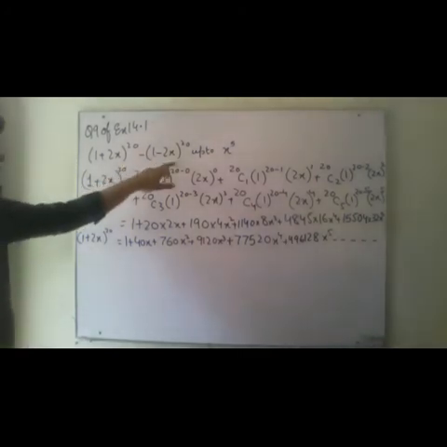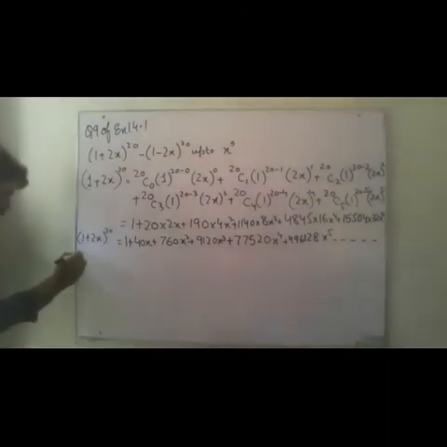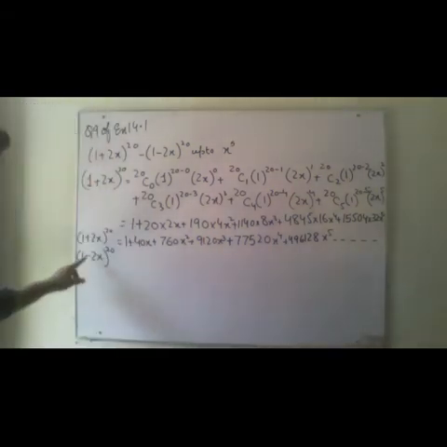Now over here they are saying expand 1 minus 2x whole power 20. So what will happen? The only difference is that the middle sign is changed. Power is same, first term is same, second term is same.